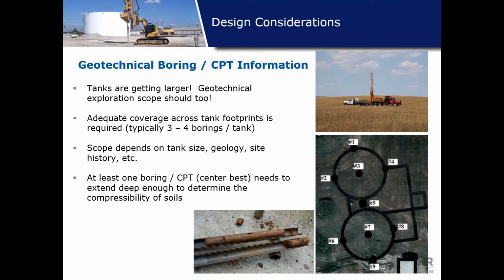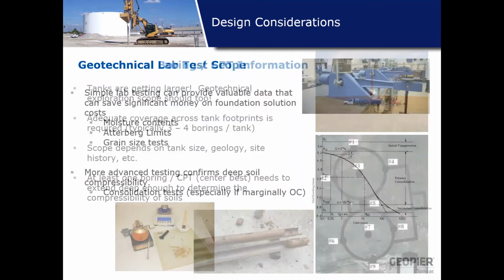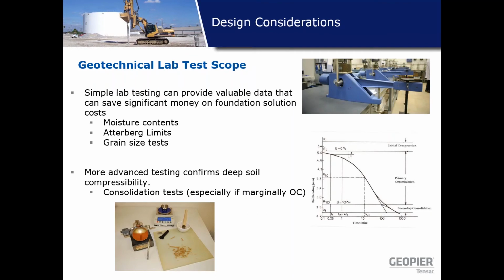Once the borings are performed, the soil samples are brought into the laboratory for lab testing, the index property testing. Some of the typical testing performed are moisture content, Atterberg limits, and grain size.